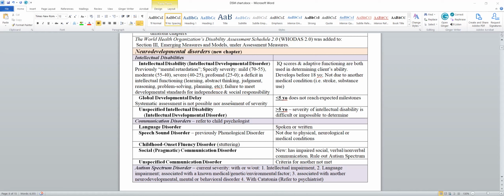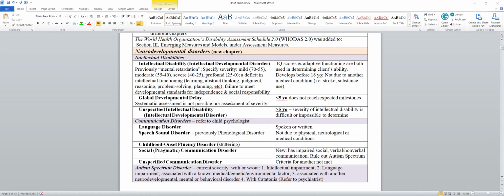That was unspecified intellectual disability. All of those fell under intellectual disabilities, which fall under the category of neurodevelopmental disorders.